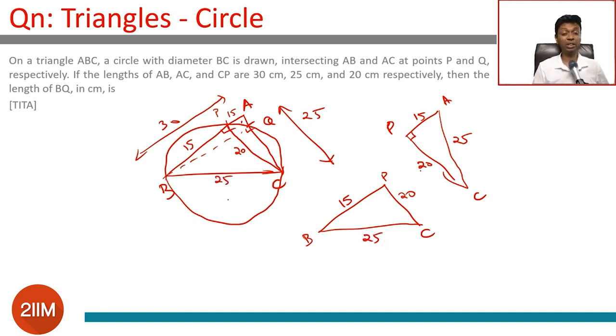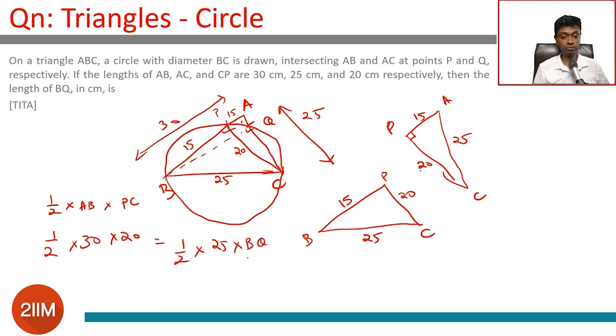Now we need to find BQ. The best way to do this is using the idea that area of the triangle is half into base into height, which is half into 30 into 20, half into AB into PC. This also is half into 25 into BQ. 25 is nothing but AC.